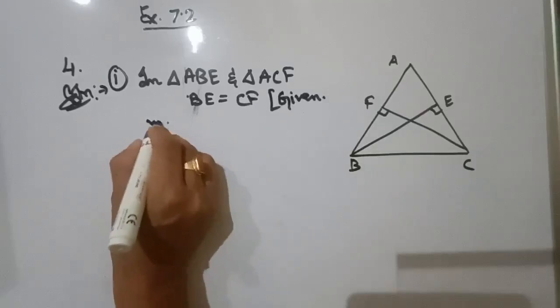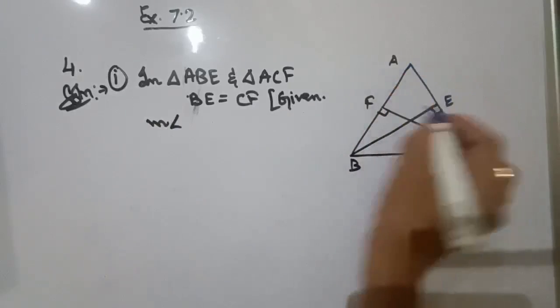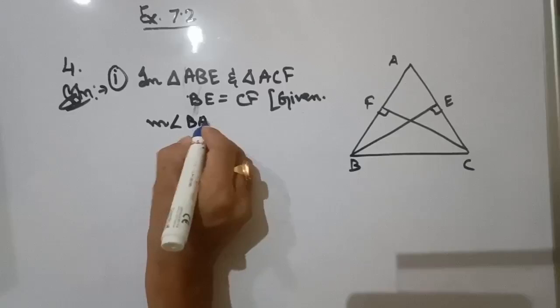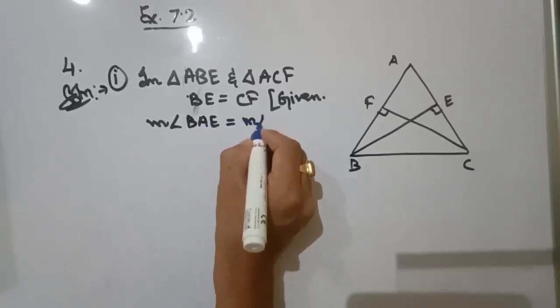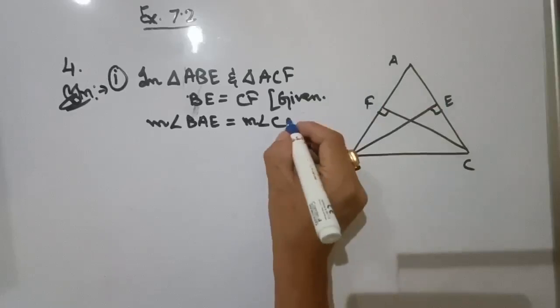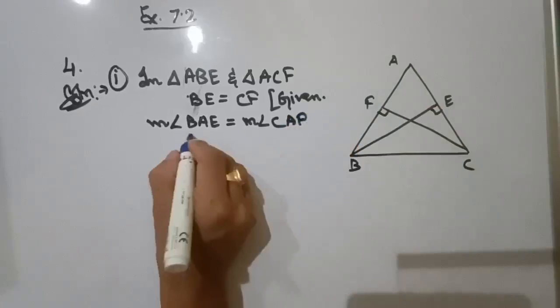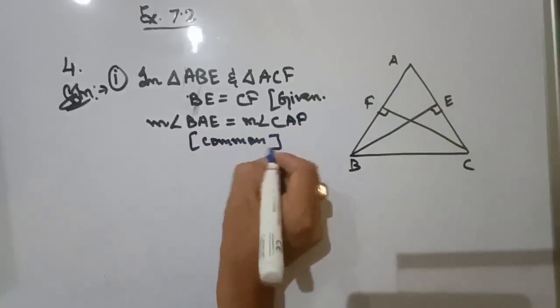And measurement of angle BAE is equal to measurement of angle CAF. This is because they are common to both the triangles.